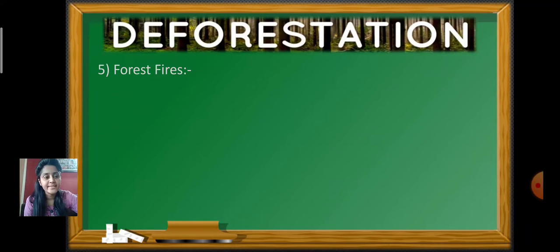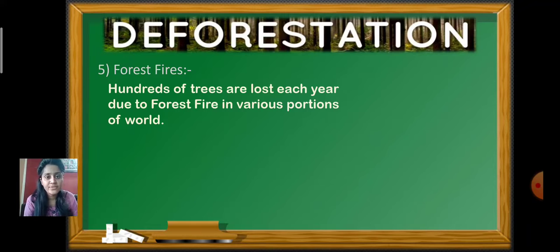Now let's see the next cause, forest fires. Hundreds of trees are lost each year due to forest fire in various portions of the world. It's common in summers or extreme winters.